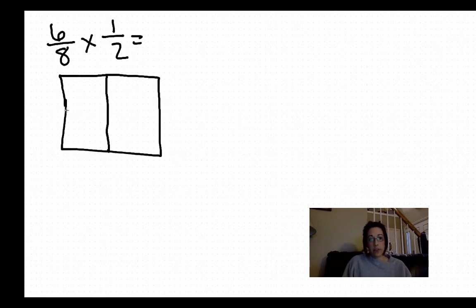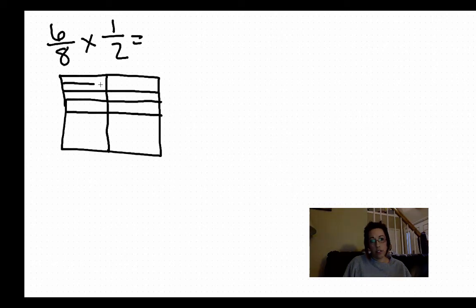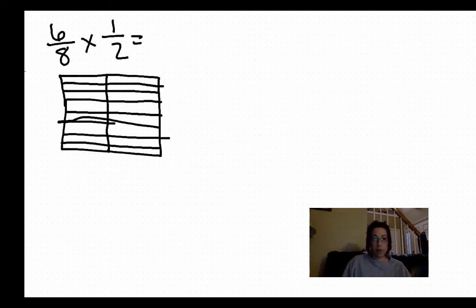This side I have to make into eighths. So I'm going to start by doing a line in the middle, and I need 4 sections above the line. 1, 2, 3, 4, and 4 sections below the line. There we go. It's not pretty, but it'll work.